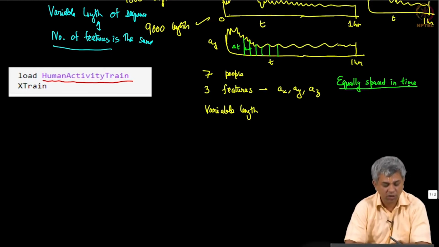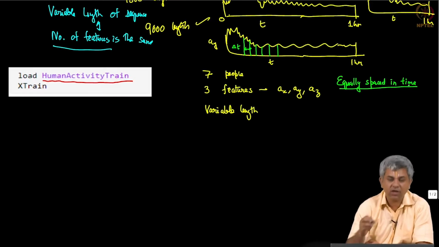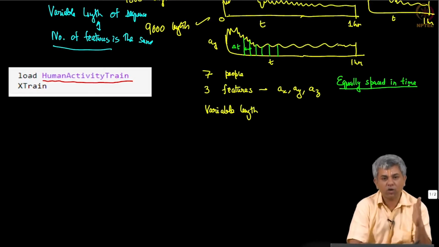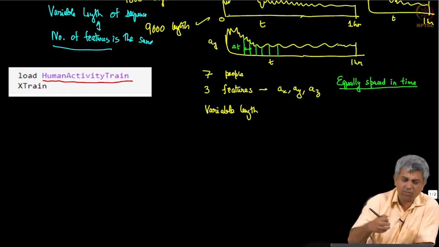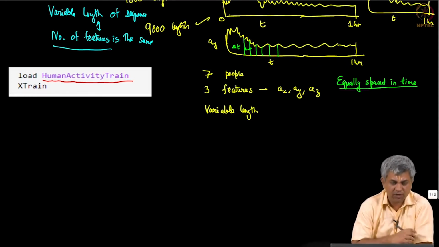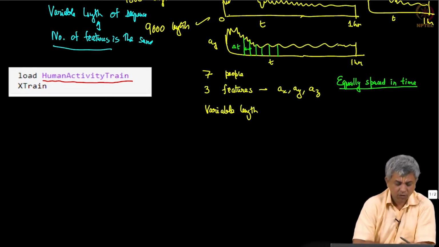This is an important notion that you should be aware of. Okay. So, here we will assume that the sensor took its data at equal time instants. Okay. If you do not do this, it will be much harder to train it because of certain features of the RNN which I will point out.